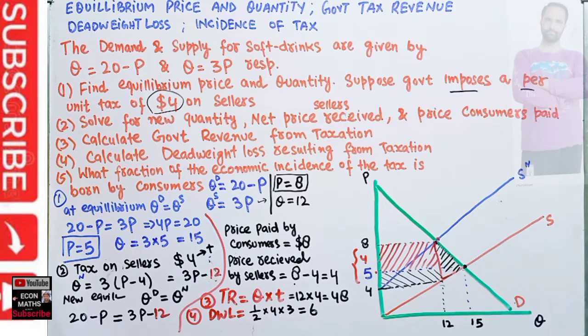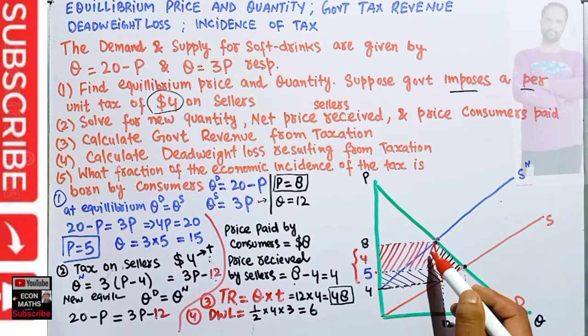Here, a simple thing: we know that the total tax burden for consumers and sellers is $48. This whole area shows us the total tax revenue. Out of this, the area shaded by these red lines will be the economic burden of the taxation on consumers. So let me write it here.